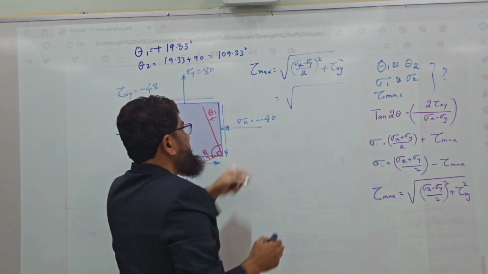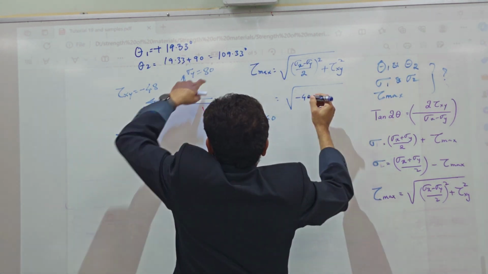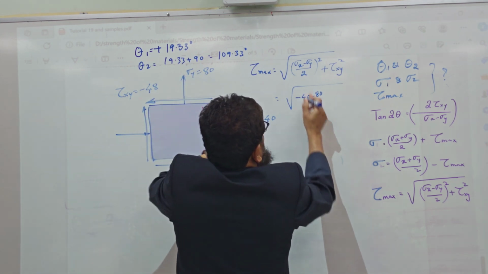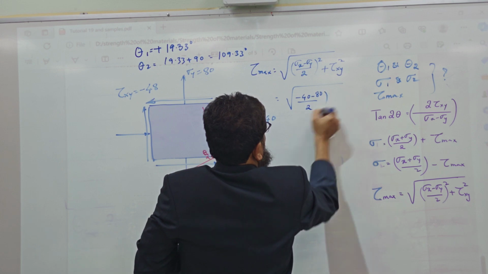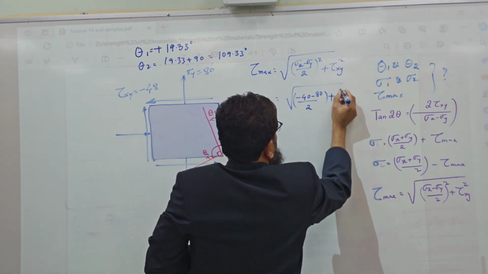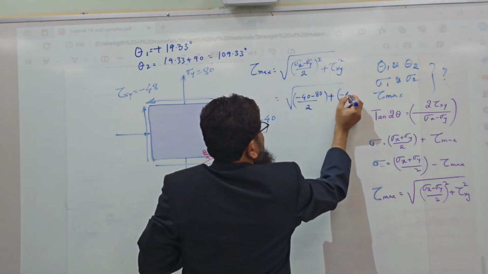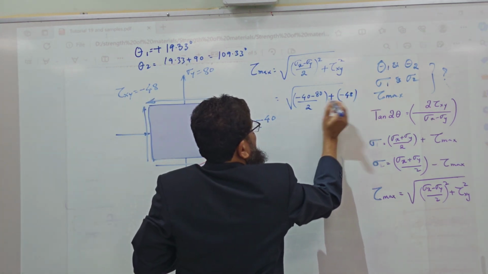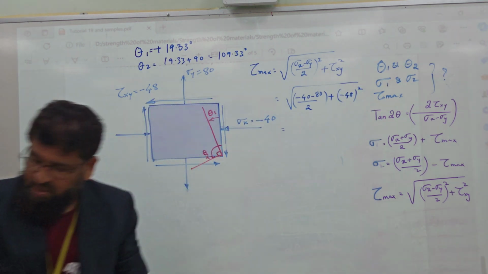Sigma x is minus 40 minus of 80. This minus is because of the sign here, not because of the compression. Divided by 2, plus tau xy, which is minus 40, put inside the bracket, don't put the minus here.